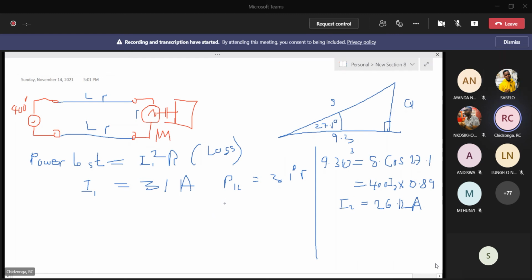And therefore, the power loss in the second situation is going to be 26.12 squared. You have not changed the conductors and the resistance of the motor, so it is reasonable to say it stays the same. You see that?